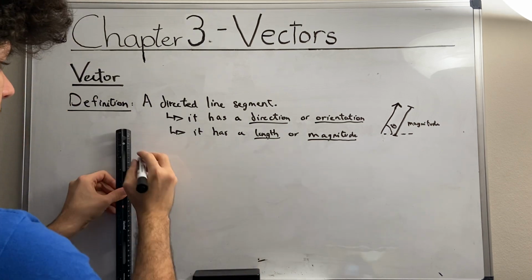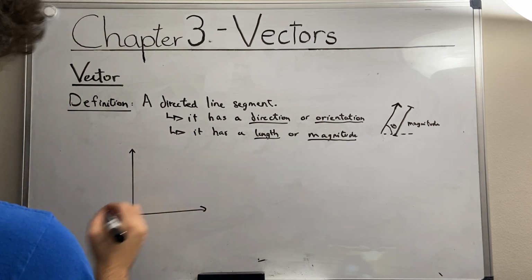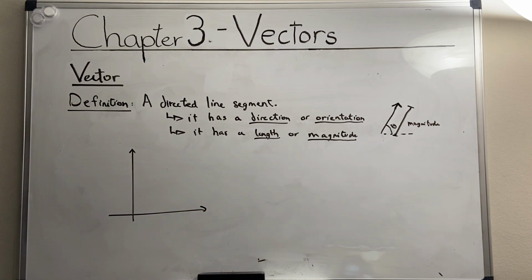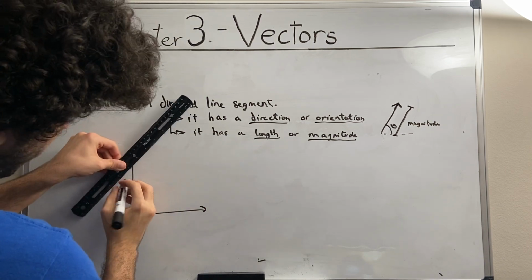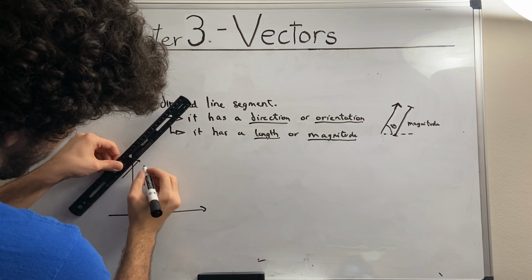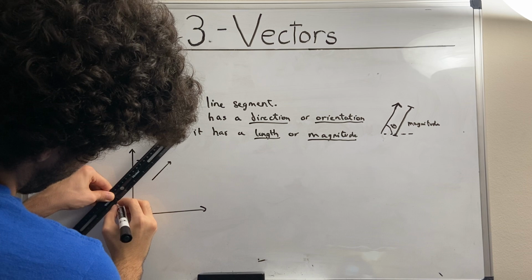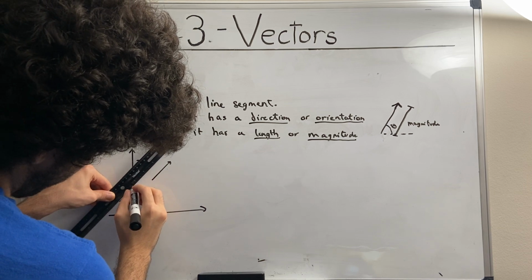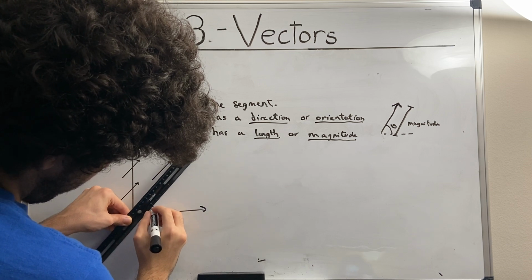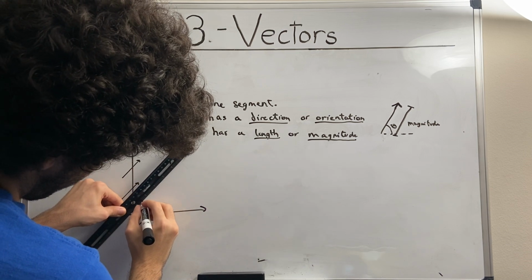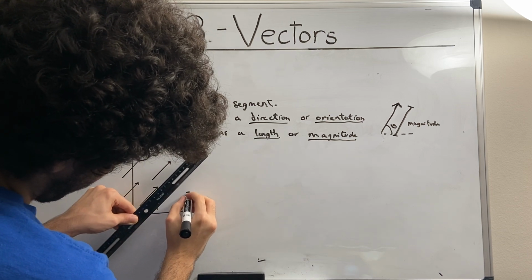Before we continue, another noteworthy point is that vectors are equal. I'm going to draw some vectors, and I'm going to point out something about them. We have this one, this one, this one, like that, like that, like that.